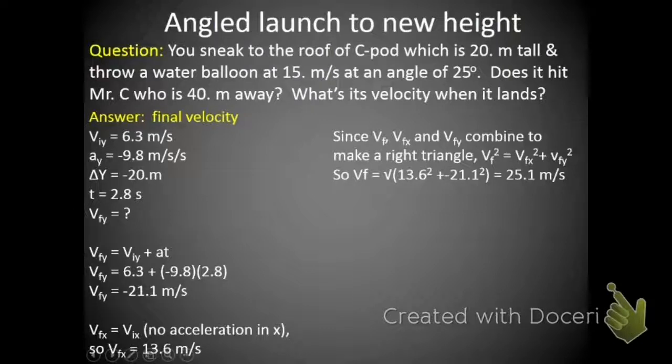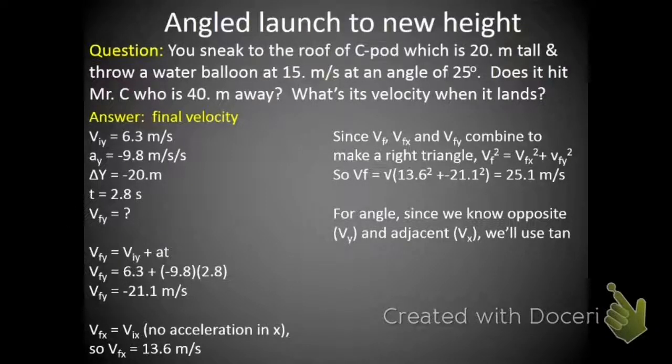So we're going to use VF squared equals VFX squared plus VFY squared to solve for the final velocity. Now, it's 25.1 meters per second, and that could be positive or negative. We're going to make it negative since it's going downward. And then if we want to find the angle, it's going to be the opposite and adjacent values that we know, so we'll use the tangent, and we get a negative value.